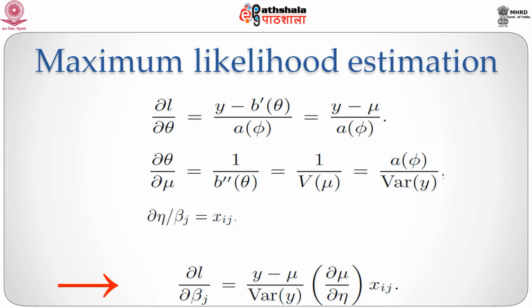Del eta del beta j is of course x_ij, the value of the corresponding covariate. Putting all this together, the form of the score function is given by del L del beta j equal to (y minus mu) over variance of y, del mu del eta, into x_ij.